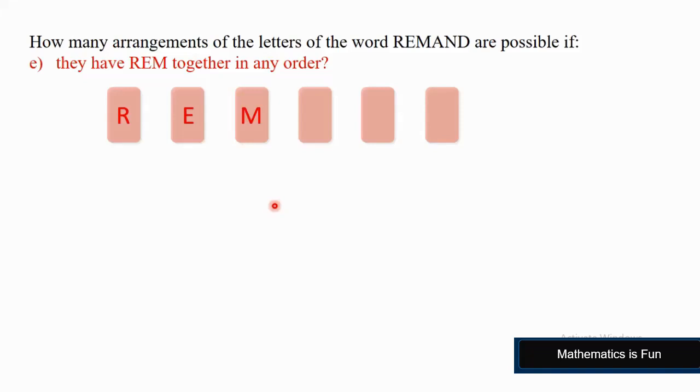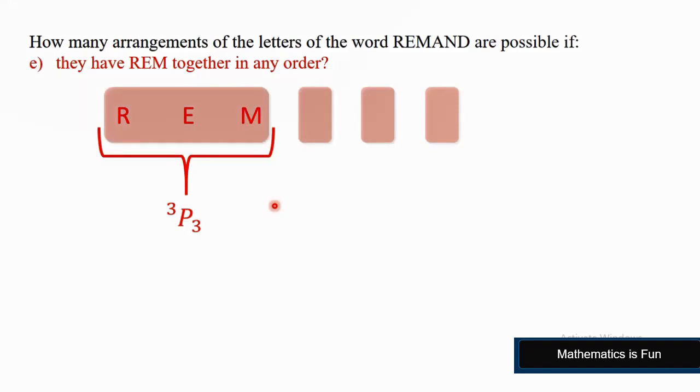We can arrange REM in different orders. Here we have 3 letters and we have to arrange them in 3 places, so in 3P3 ways. Now we would consider this REM as one unit because they have to stay together.